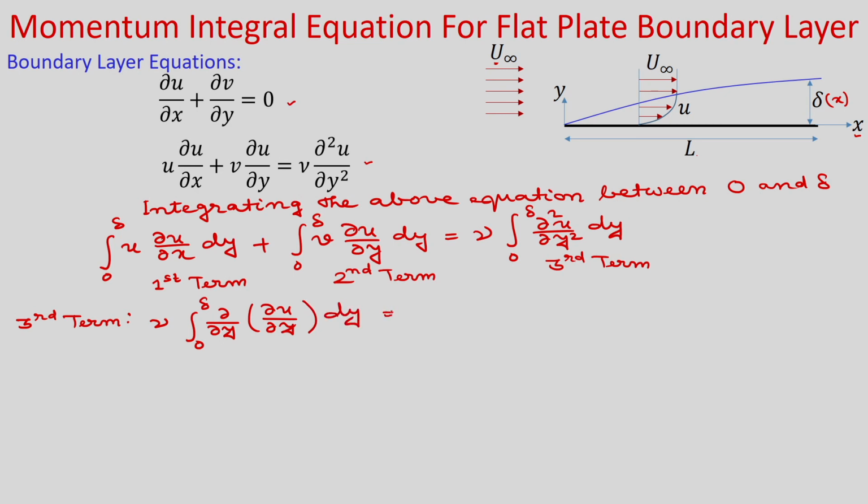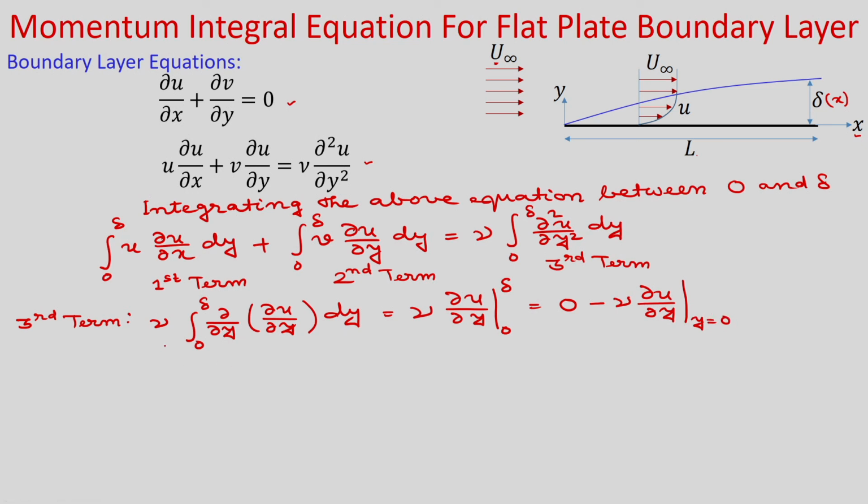So, now we can write this as nu del u by del y with limits 0 to delta. Now you can see that at y is equal to delta, that means at the edge of the boundary layer, obviously the velocity gradient is 0, right. So, we will get 0 at y is equal to delta and minus nu del u by del y at y is equal to 0.